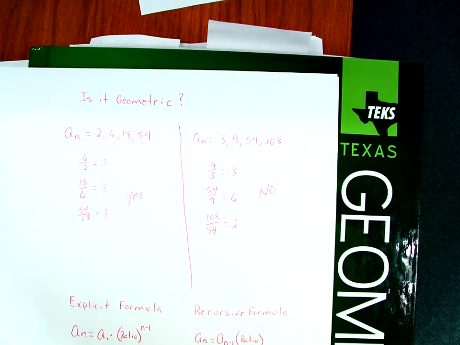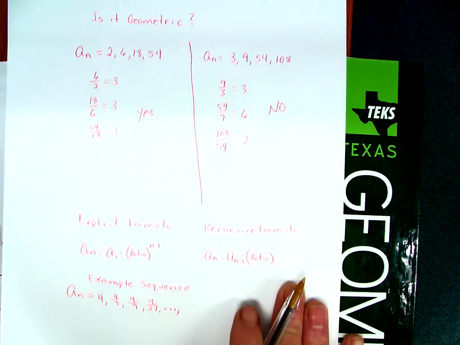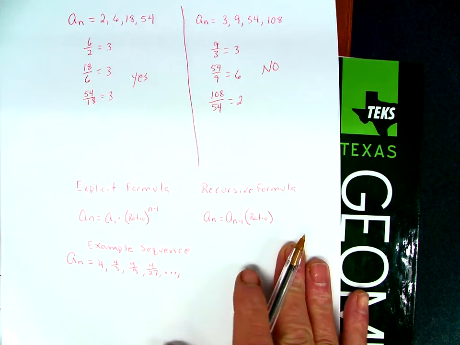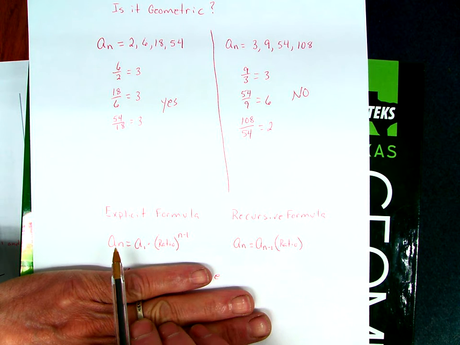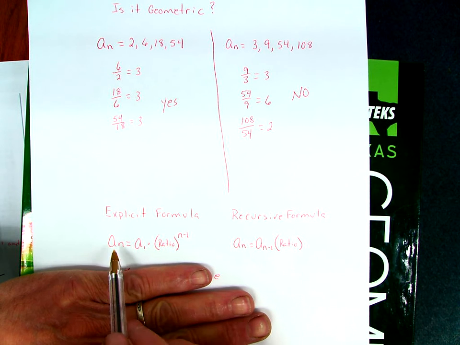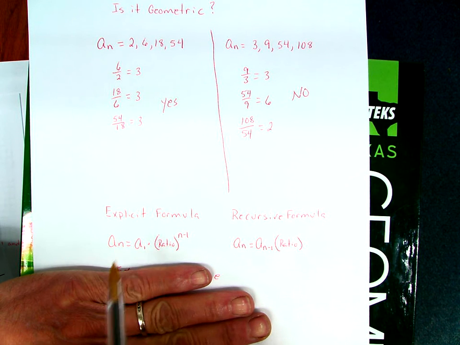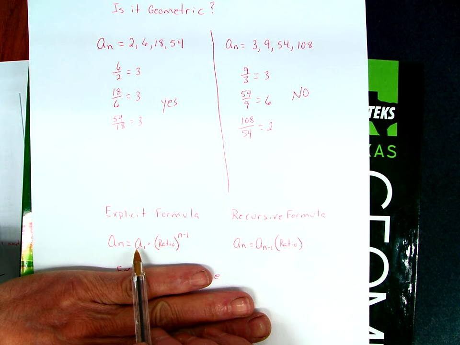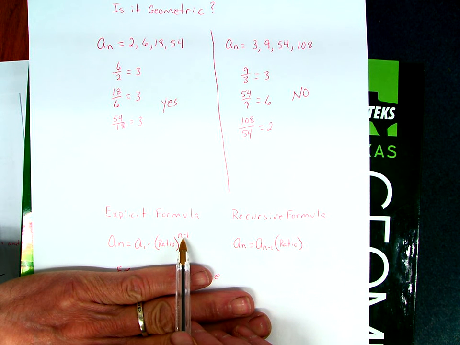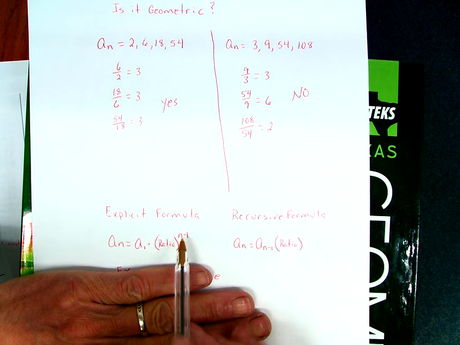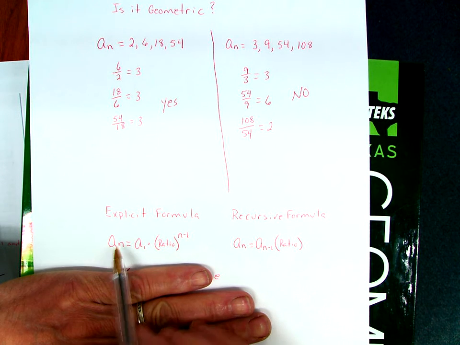Now, there are 2 ways that we can write geometric sequences. We can write them explicitly, and here's the formula. Whatever the element that you're trying to solve for, it equals the first element in the series times the common ratio being raised to the element or the sequence number that comes before this one.